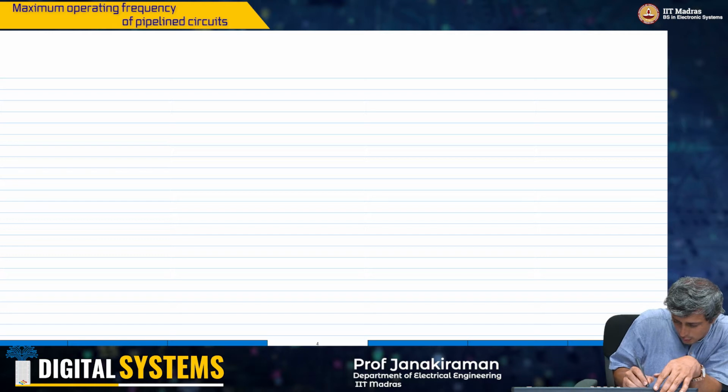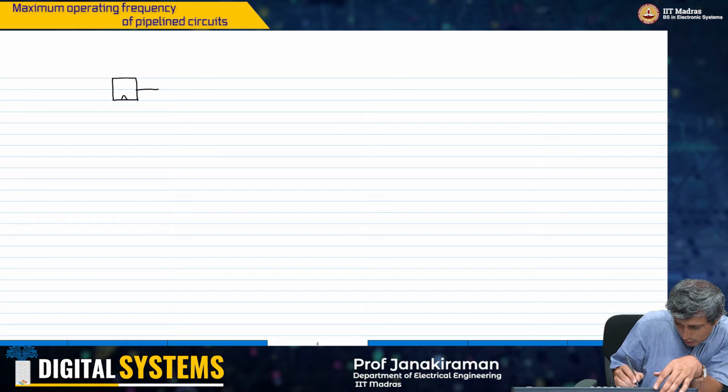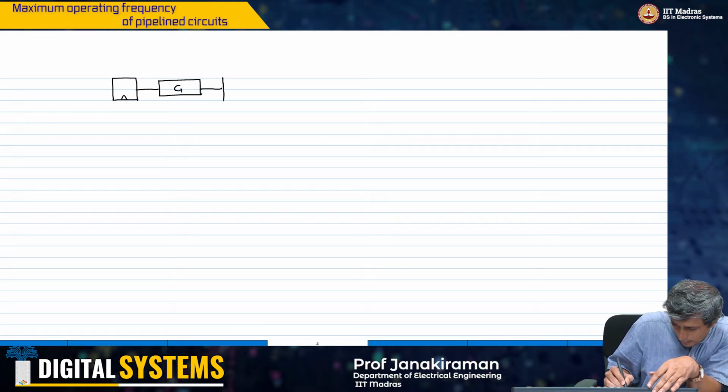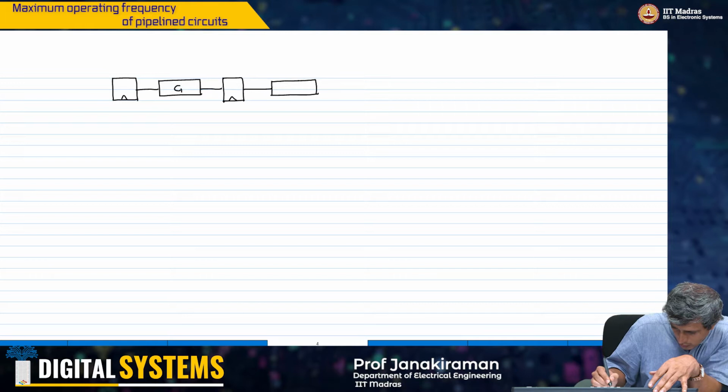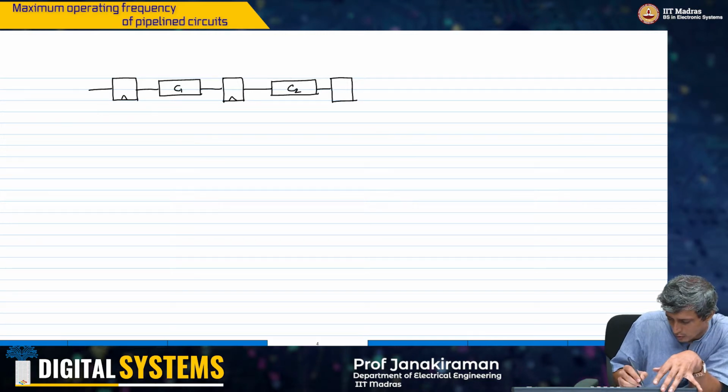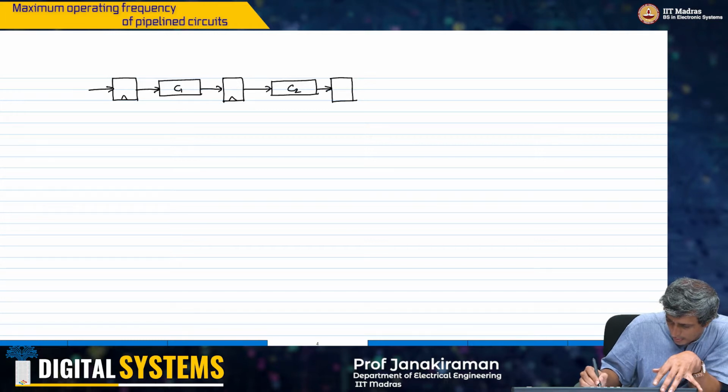system like this. So I am going to look at this clock, some combinational block C1, another combinational block C2, and then I have a third flip-flop.